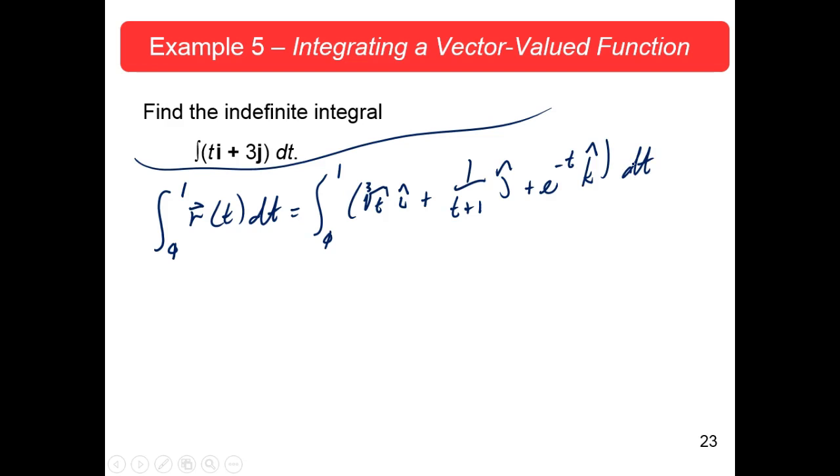All right, well, that's what we're supposed to integrate. All right, now how would you proceed?